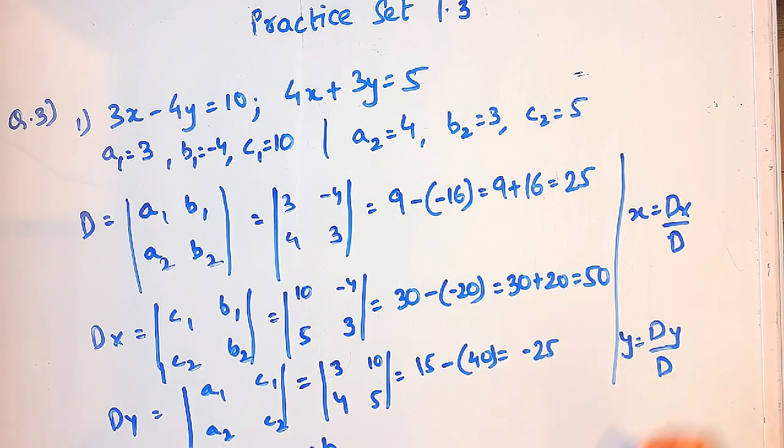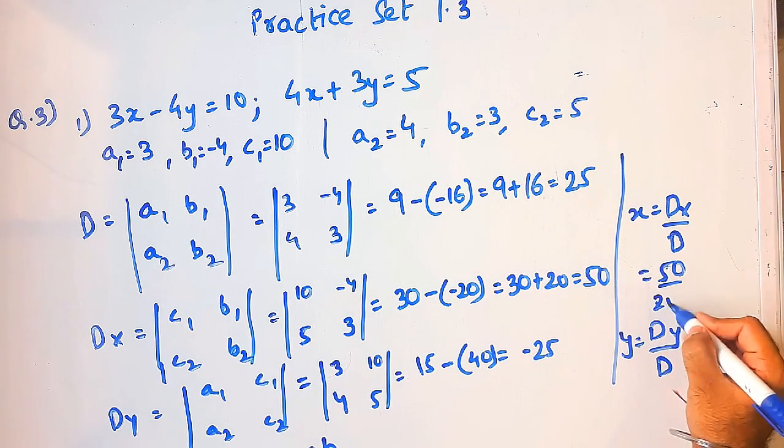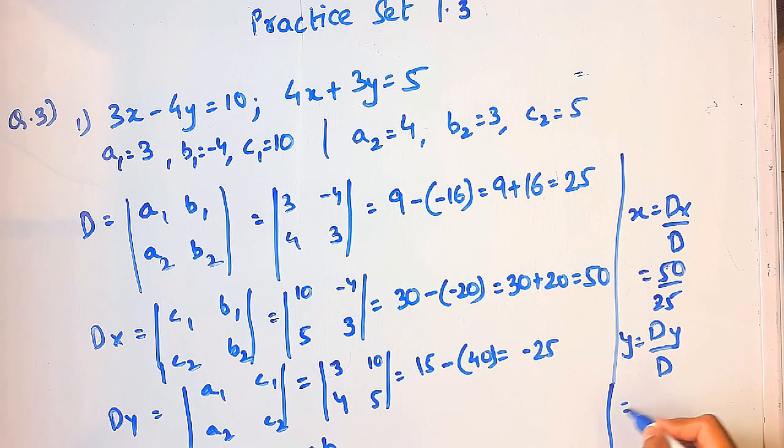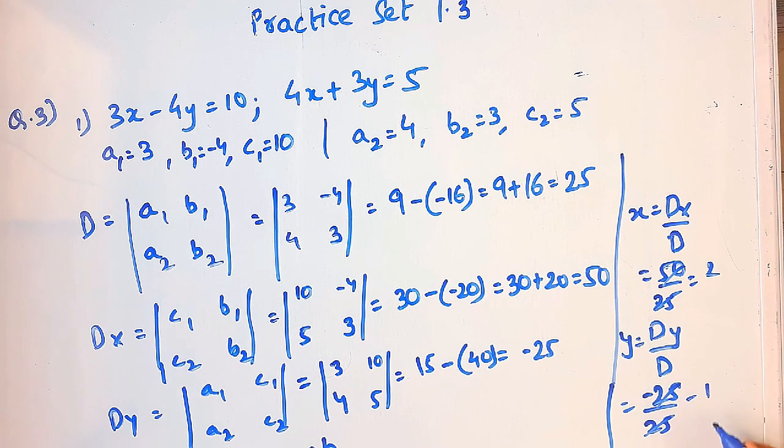So dx we found is 50, d is 25, dy is minus 25, and d is 25. So here your answer is 2, and here your answer is minus 1.